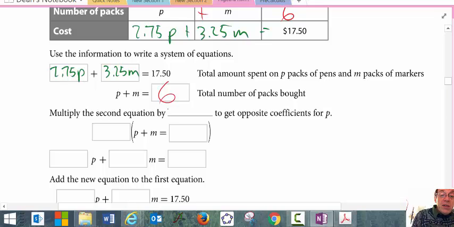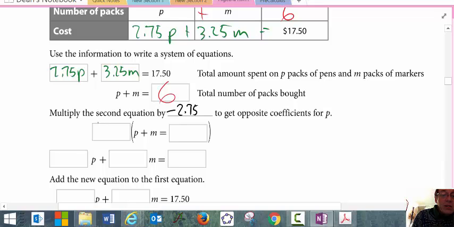So we're going to multiply the second equation, P plus M equals 6, by negative 2.75. That's a really horrible negative. Let's try that again. Negative 2.75.